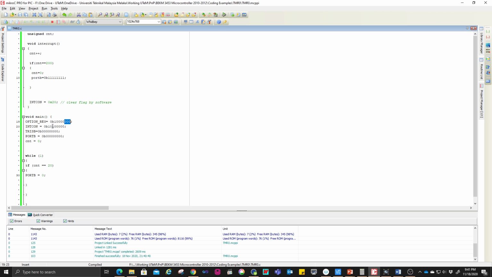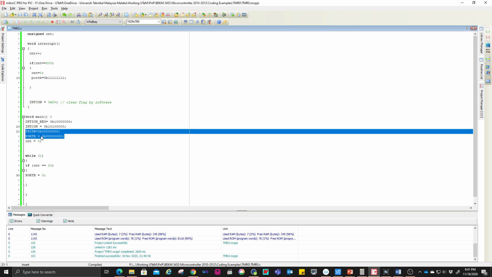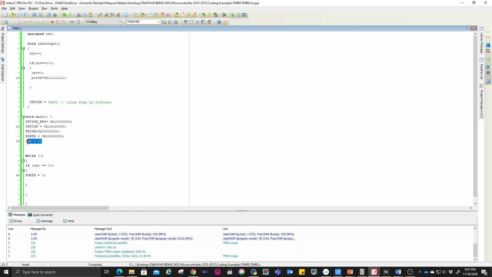So in here is to set up your timer 0 and enable interrupt, and this flag is still 0, meaning that the interrupt has not yet happened. This is to declare your port B, and your count starts from 0. The count must be declared as unsigned, and it must start from 0.